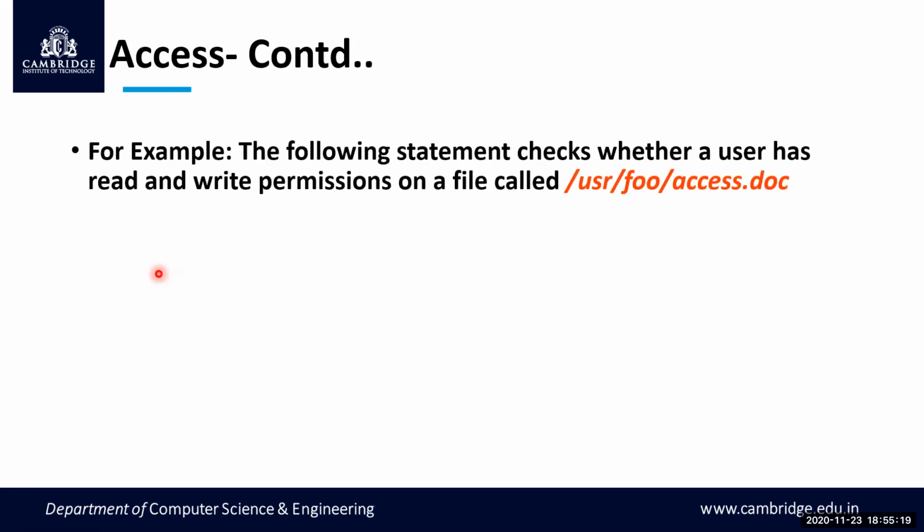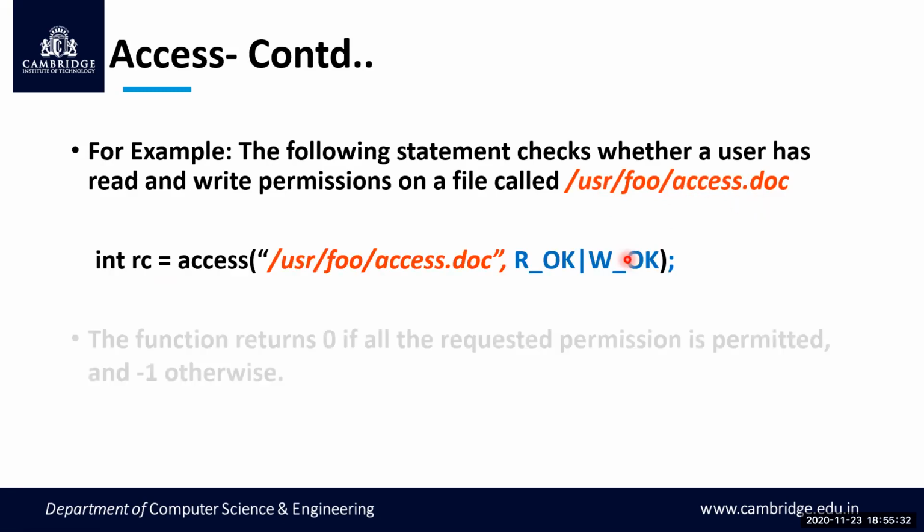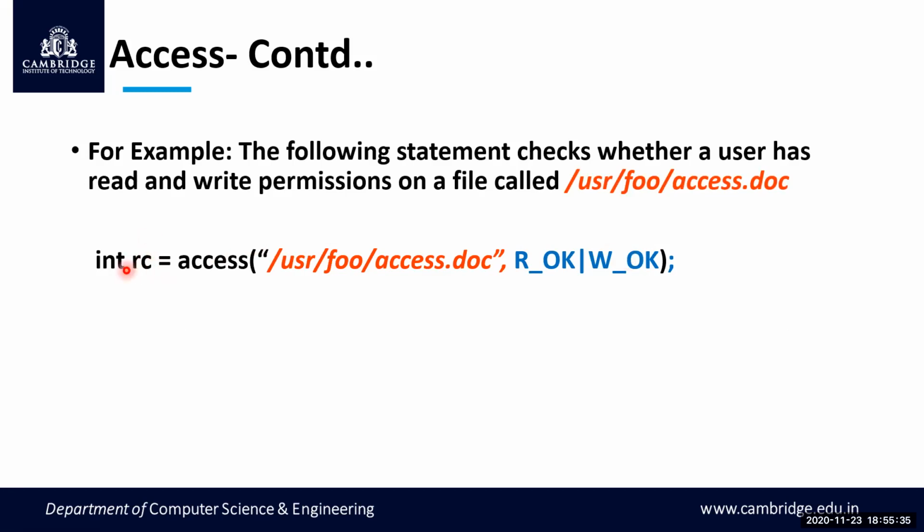Let's see an example for that. So now I want to access this file. The following statement checks whether the user has read and write permission on a file called this. Checking whether read and write permission is there or not for this file. I'm taking the return value of access, giving a pathname as the first argument. The second argument is my flag. I have specified two flags here, each flag followed by a bitwise OR, followed by a second flag.